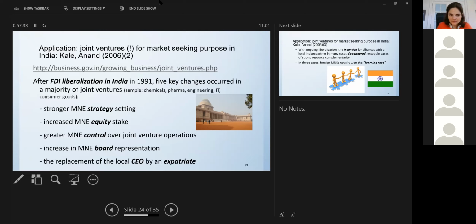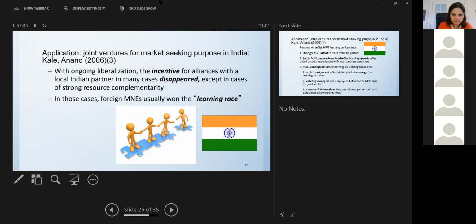So this is an interesting database that they use. The incentive for alliances gradually disappeared, except if there was still a strong complementarity, and in many cases they increased the ownership, and these companies became wholly owned subsidiaries.